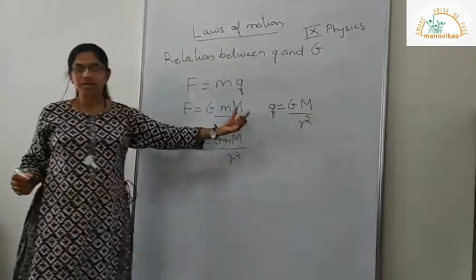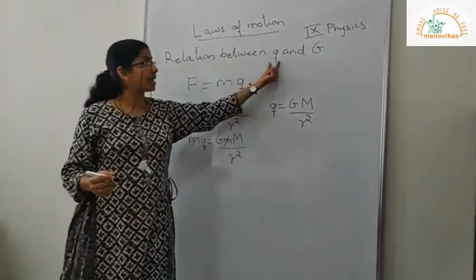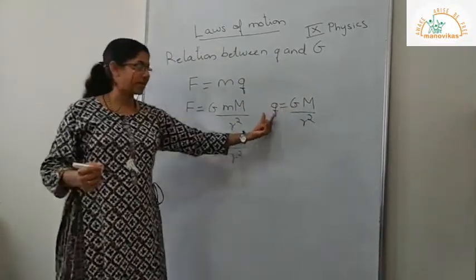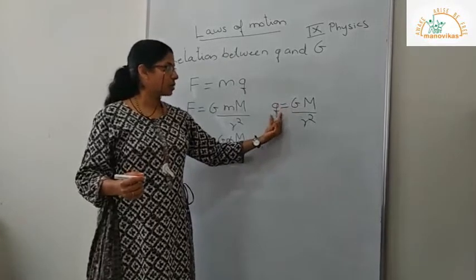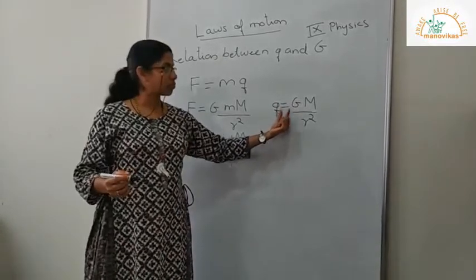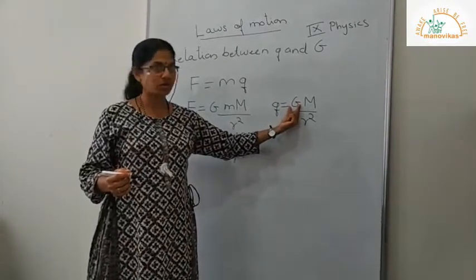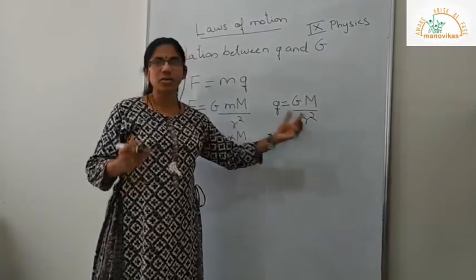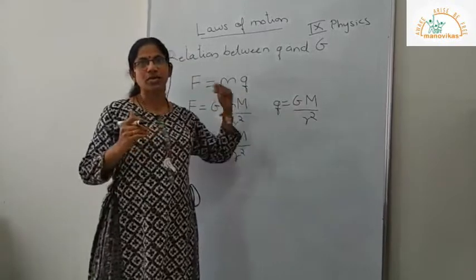This is the relationship between acceleration due to gravity and the gravitational constant. So acceleration due to gravity depends, other than on the gravitational constant, on the mass and the square of the distance between the two objects under consideration.